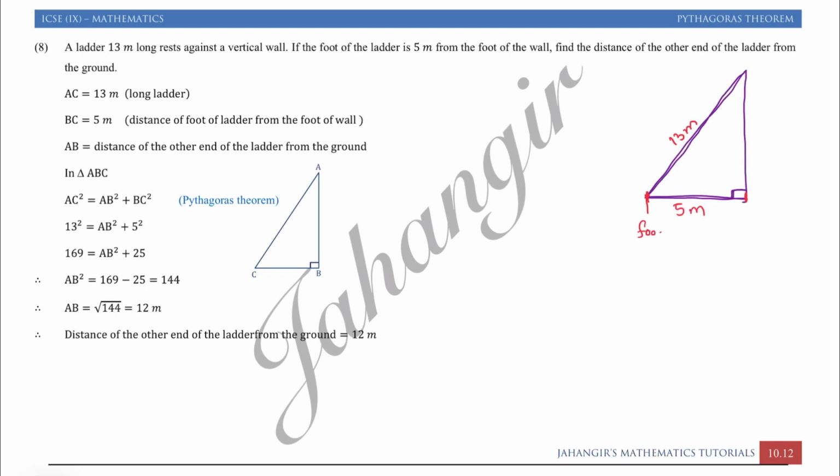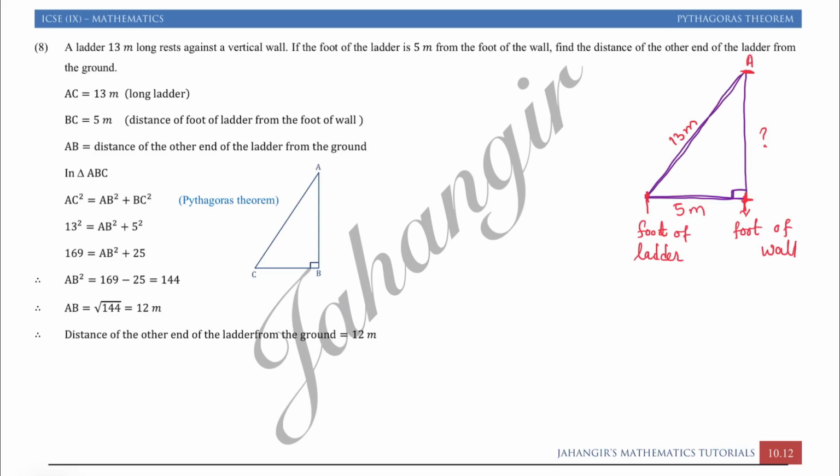Foot of ladder, and this part is the foot of the wall. Foot means ending part. Find the distance of the other end of the ladder from the ground. Other end is over here. Ground is here. We have to find this part.